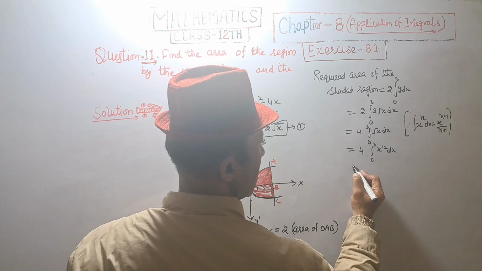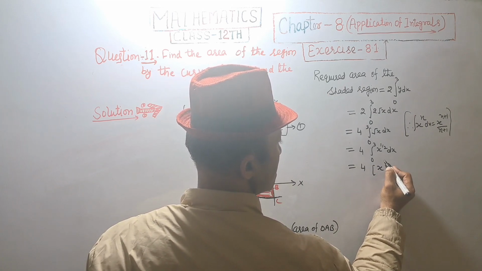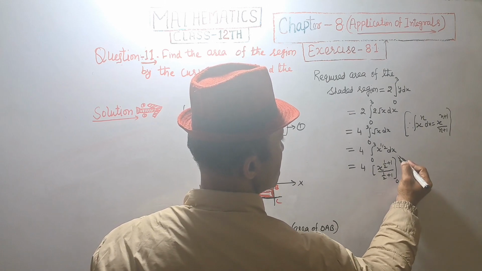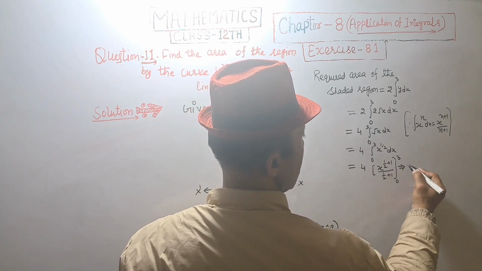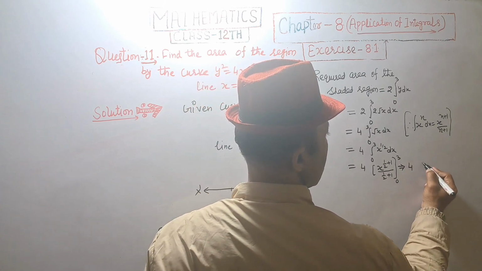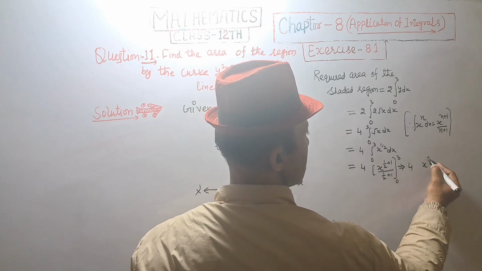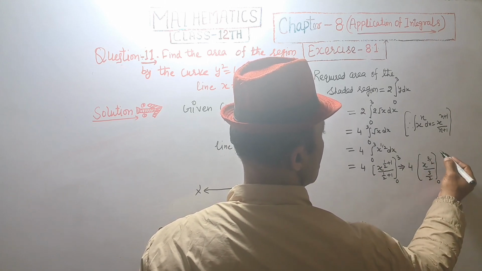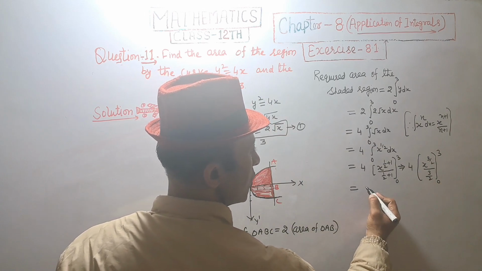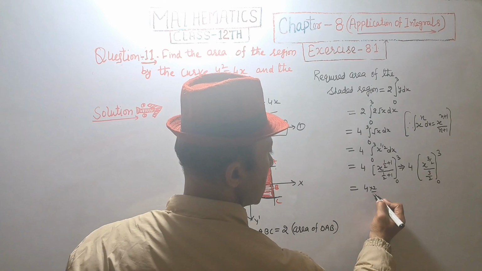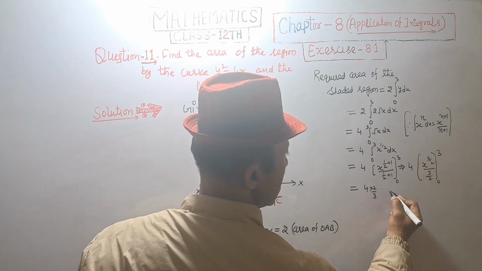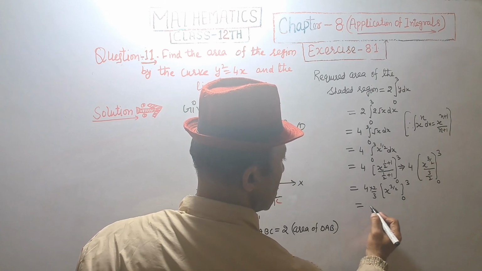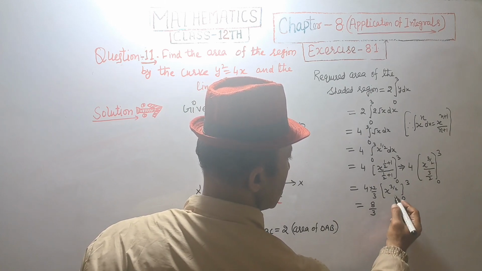So we are using the formula, that is 4 into x raised to power 1 upon 2 plus 1 divided by 1 upon 2 plus 1 and limit 0 to 3, which implies 4 into x raised to power 3 upon 2 divided by 3 upon 2 and limit 0 to 3, that is equal to 4 into 2 upon 3 into x raised to power 3 upon 2 and limit is 0 to 3, is equal to 8 upon 3.